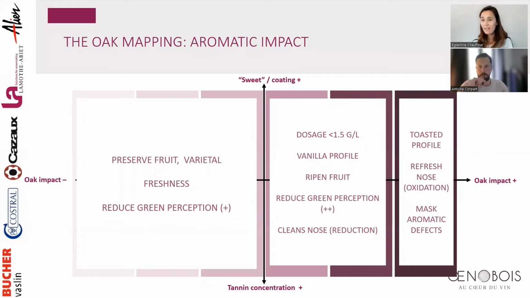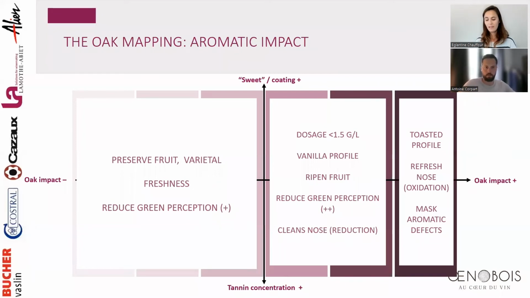When we go on higher toast level, we usually have a higher impact as well. Here we are talking about the oak that are rich in furfural. So they participate to a toasted profile, roasted almond, roasted coffee type of aromas.